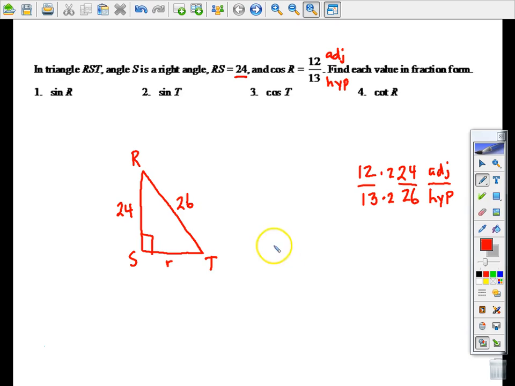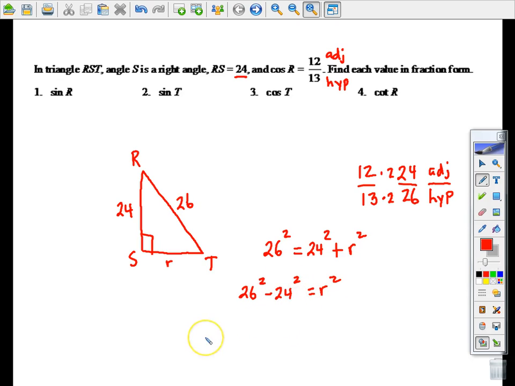We know the hypotenuse, so it's hypotenuse squared equals one of the legs squared plus the other leg squared. And using your calculator, you can just do 26 squared. We're going to be subtracting 24 squared from both sides to try to solve for R.